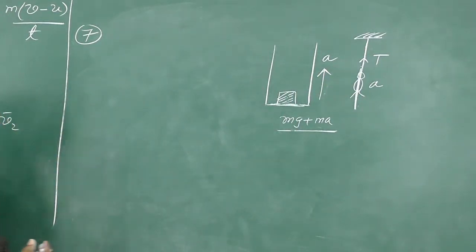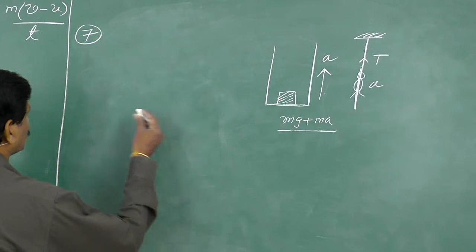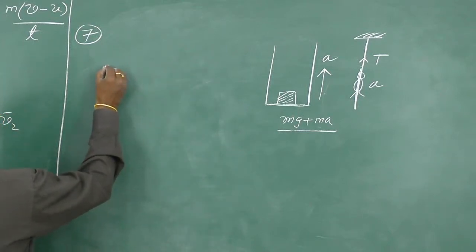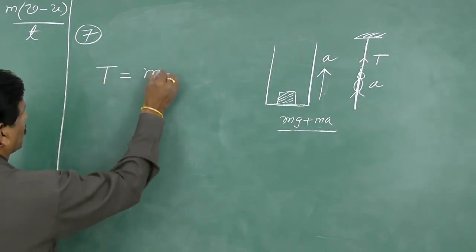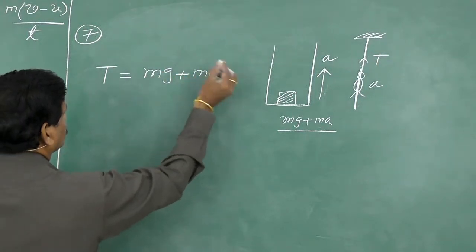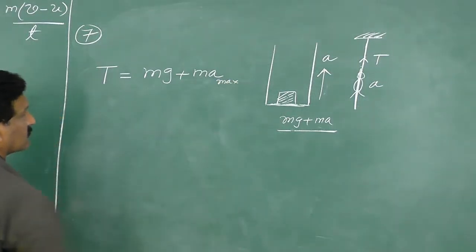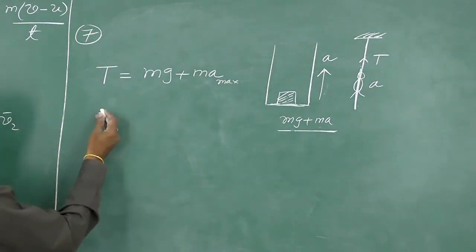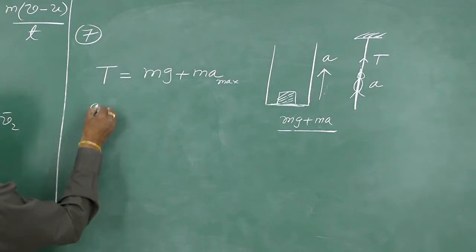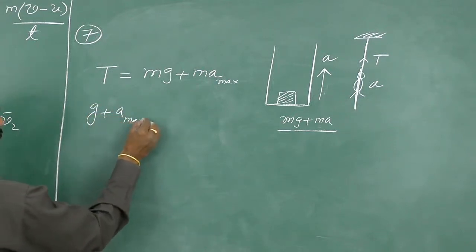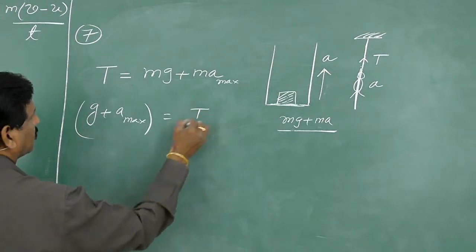So, without breaking the rope, the maximum acceleration with which he can climb safely, in this case T is equal to mg plus ma. This is a maximum. So, g plus a maximum is equal to T by m.